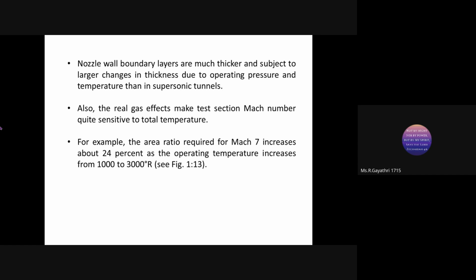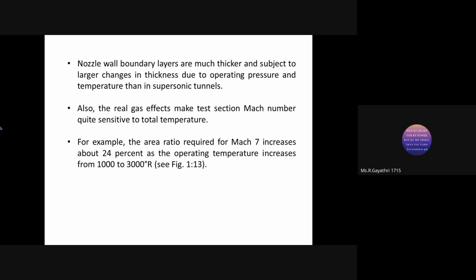The larger changes in thickness are due to the operating pressure and temperature values. Here we can keep higher values of pressure and temperature. That's why we have much thicker boundary layers.